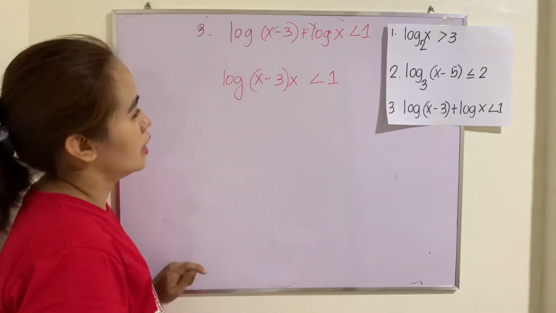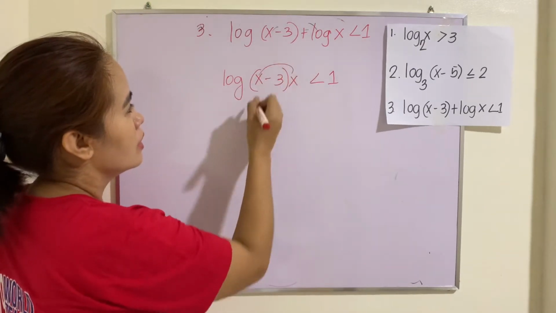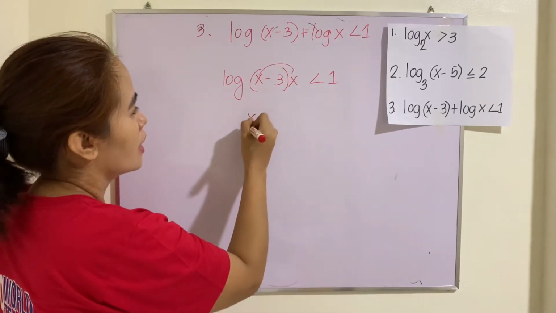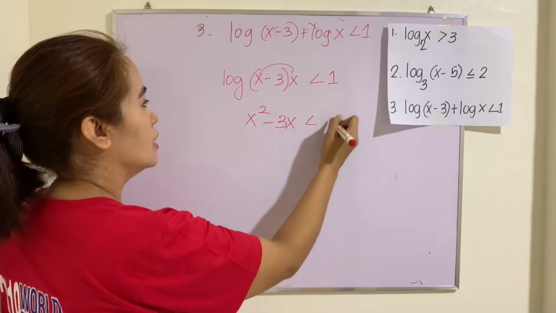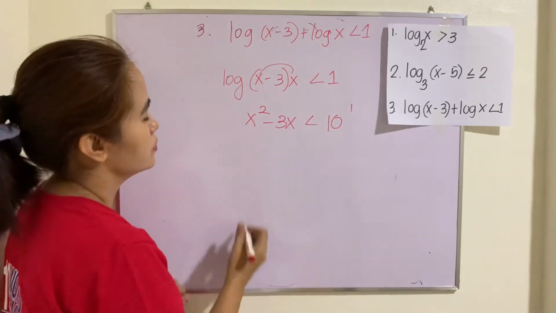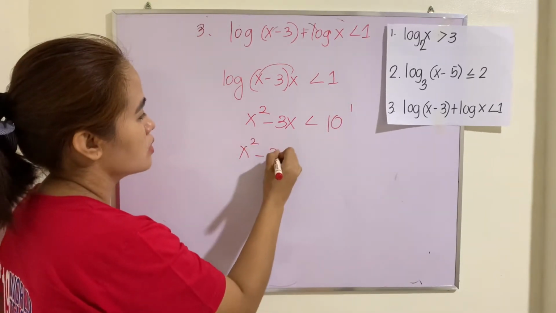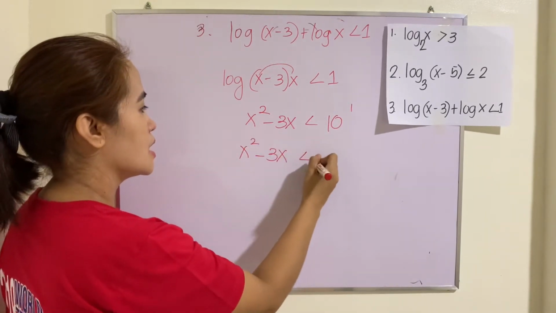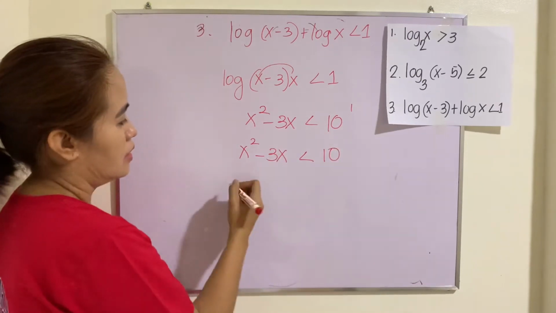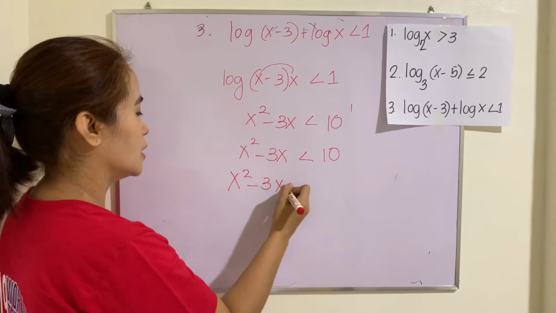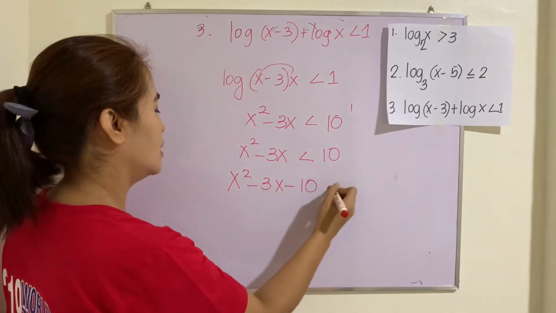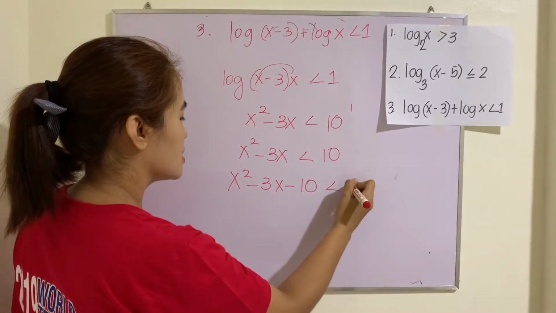Writing it in exponential form, this will be x squared minus 3x is less than 10 raised to 1. So x squared minus 3x is less than 10. This results to a quadratic inequality. That will be minus 10 less than 0.